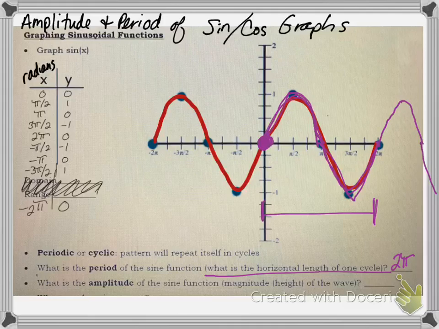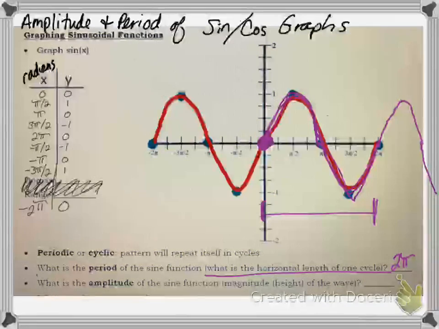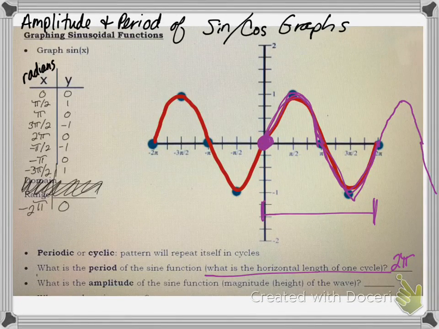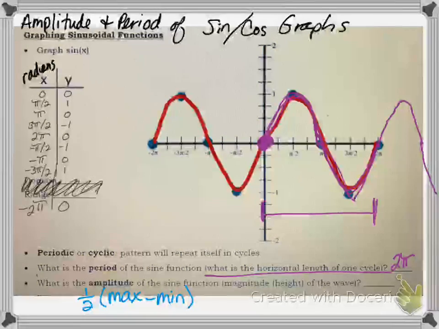Now the amplitude is a little bit different. That is the magnitude or the height of the wave, the vertical height of the wave. We have a mini formula: subtract the minimum value from the maximum value and then cut that in half, or multiply by 1/2.